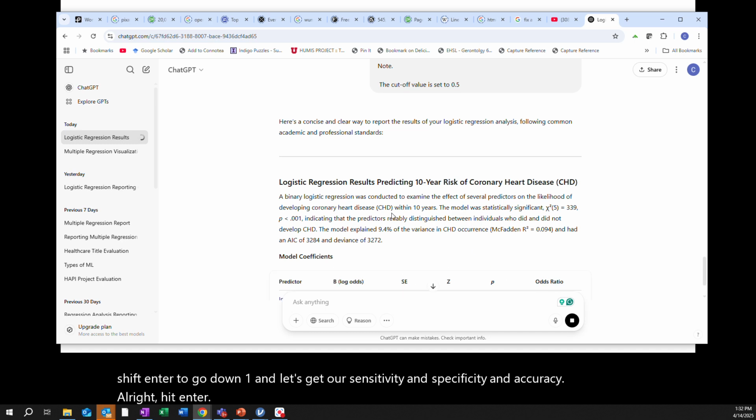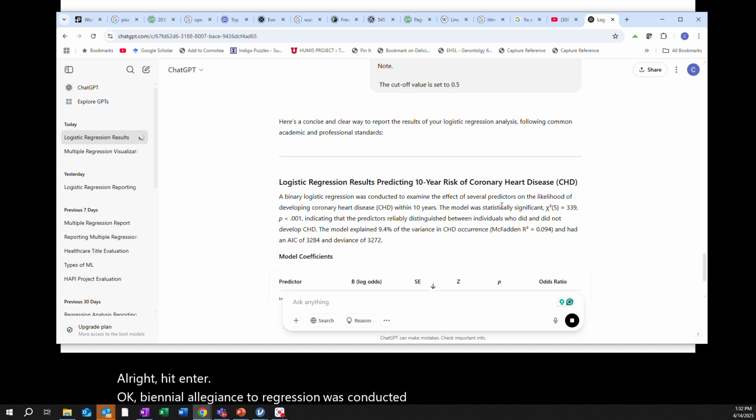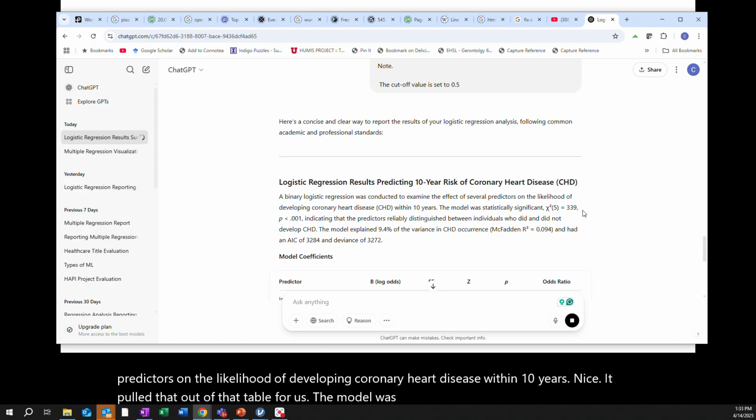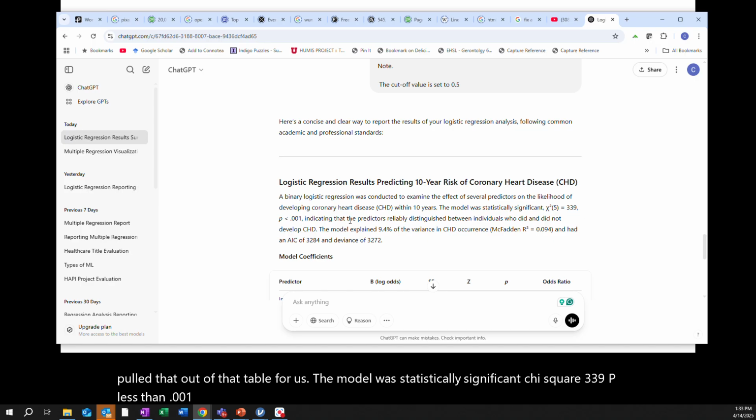Okay, a binary logistic regression was conducted to examine the effects of several predictors on the likelihood of developing coronary heart disease within 10 years. Nice, it pulled that out of that table for us. The model was statistically significant, chi-square 339, p less than 0.001, indicating that predictors reliably distinguished between individuals who did and did not develop CHD.